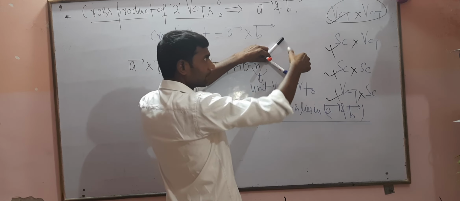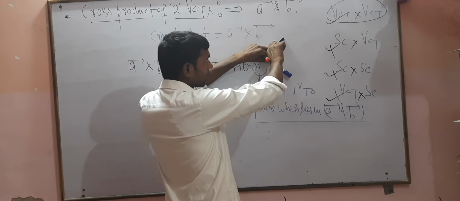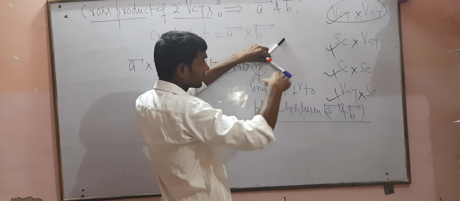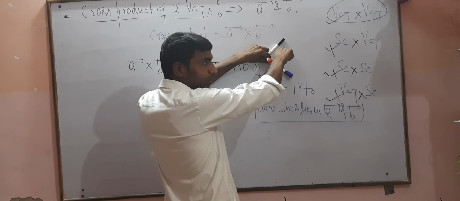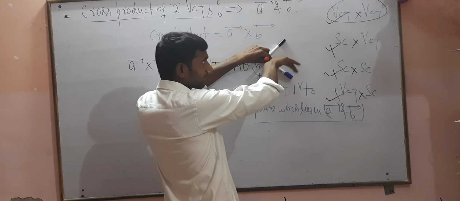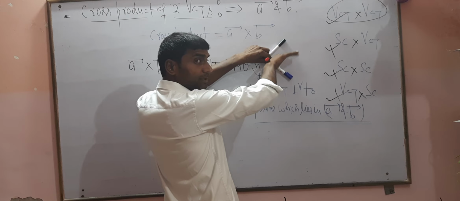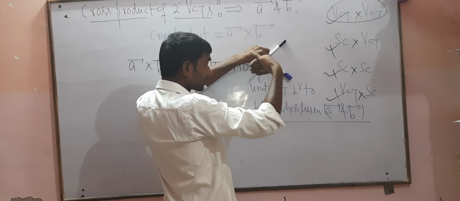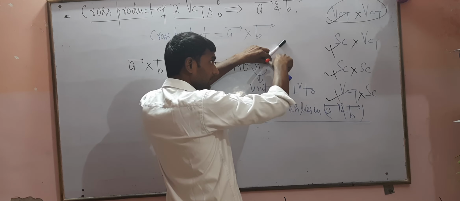A cross B means we are trying the clockwise sense. Put the intersection of A and B vector with the toe, and the finger will curl. Curl will be the A cross B. This one is A, this one is B. A cross B means this thumb goes inside the plane.